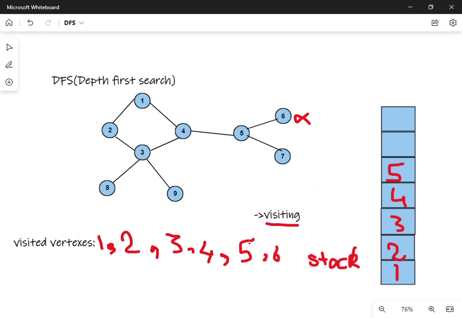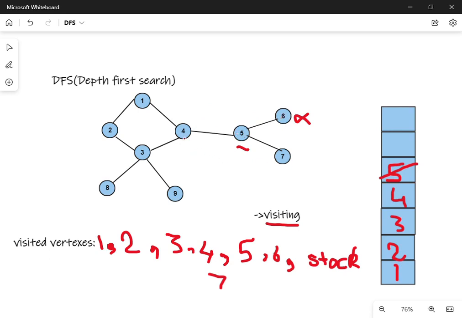It is the phenomena of DFS: if we don't have any further adjacent vertex of our selected vertex, we move towards the previous one. So we are moving towards 5. Now the adjacent vertices of 5 are 6 and 7. We had already visited 6. Now I am writing 7 here.